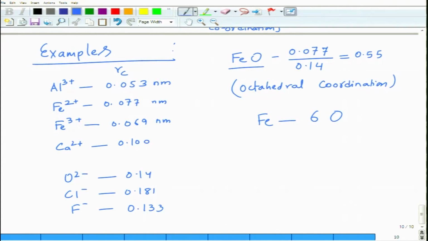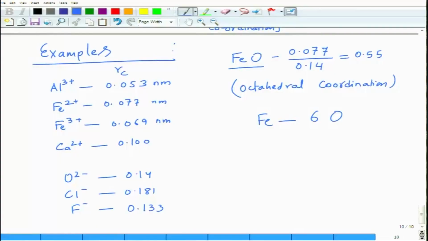And based on the stoichiometry, what do you obtain for oxygen? How many oxygens are going to be surrounded by how many irons? How many irons will surround one oxygen? What is the stoichiometry? For each Fe you have 1:1. The charges are 1:1. So what is the coordination you expect? So coordination number of Fe is equal to 6. Coordination number of oxygen will also be 6.